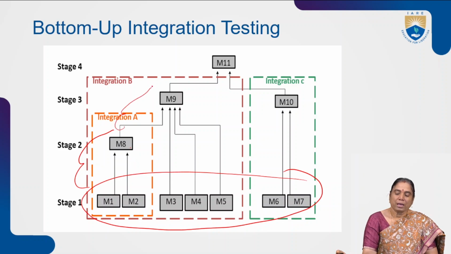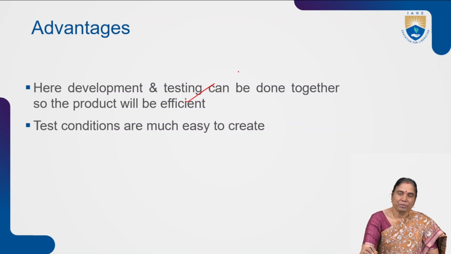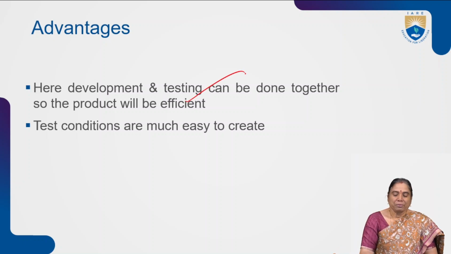After this, the next higher levels M9, M10, and so on, the integration process moves upwards. The advantages of bottom-up testing are that development and testing can be done together, so the product will be efficient, and test conditions are much easier to create.